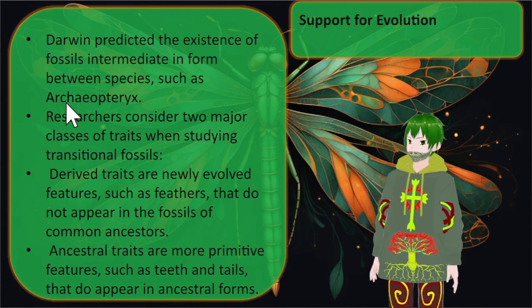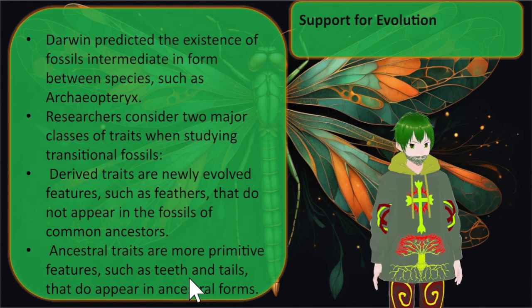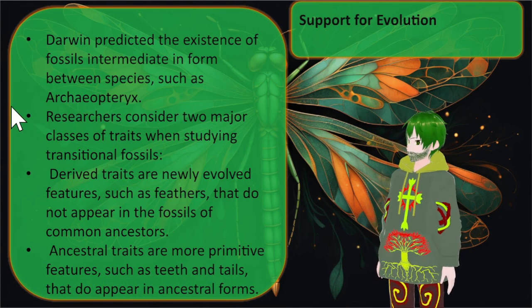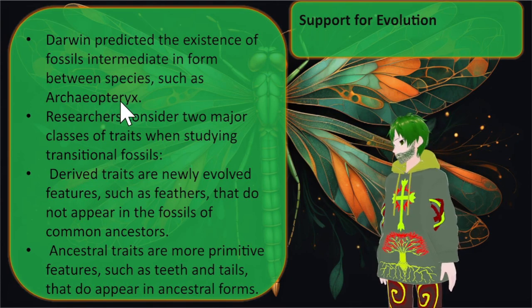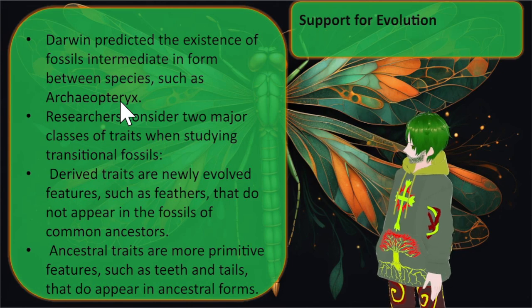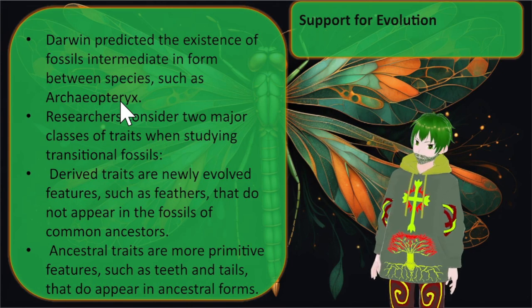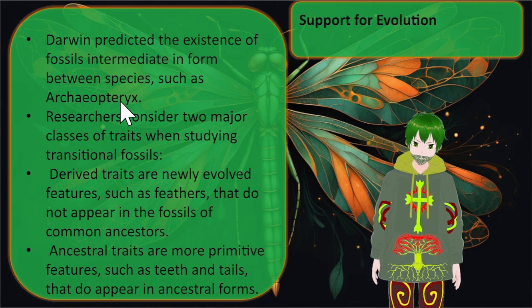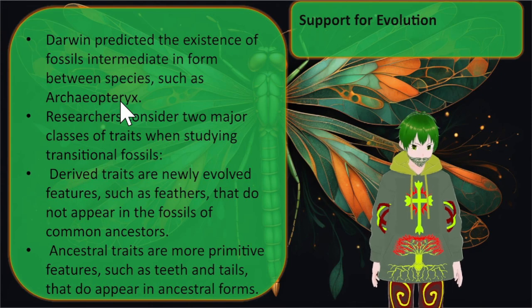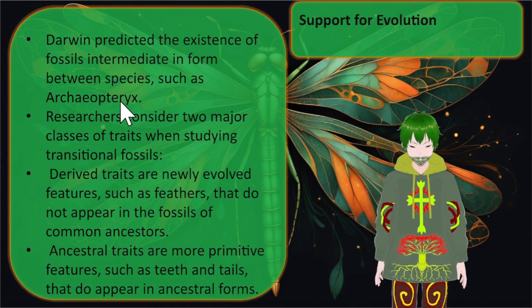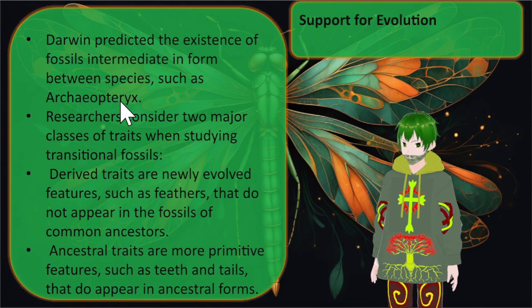Now, here the book talks about Archaeopteryx, and I mentioned this thought to be transitional form already. An interesting thing about Archaeopteryx is birds have been found in the fossil record that predate the Archaeopteryx fossil. So Archaeopteryx was around after birds had already evolved.